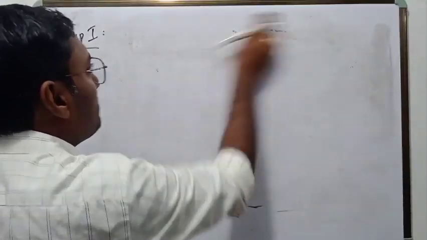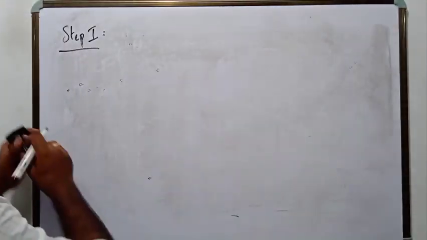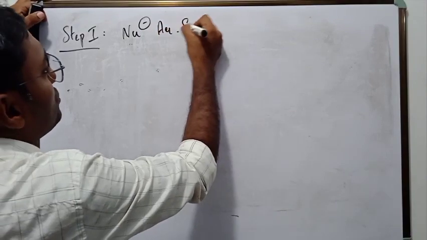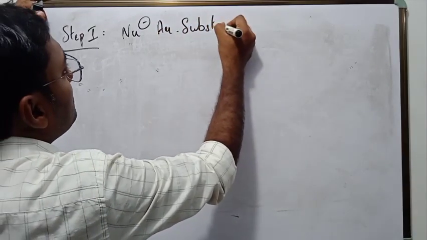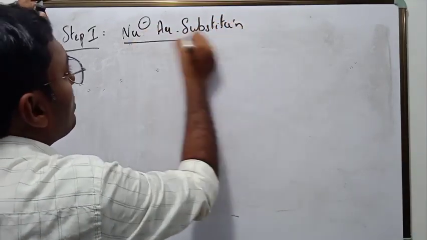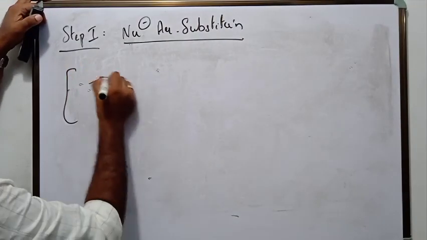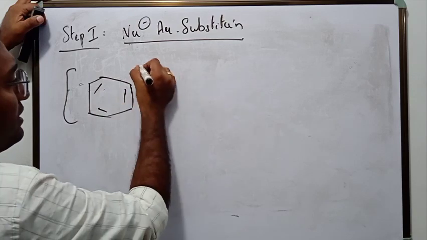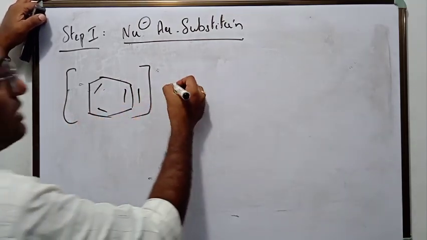Step number 2, nucleophilic aromatic substitution. Let's see what happens in this. So let's talk about the benzyne intermediate here. This is the benzyne intermediate. Right? Now I have said it has two structures.